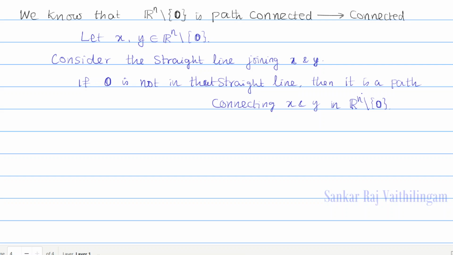For example, if you are considering R2, this is the point you have excluded. This is R2 set minus singleton 0. Suppose you take two points here, this is my x and this is my y. Then this is a straight line connecting x and y, where 0 is not in this line.